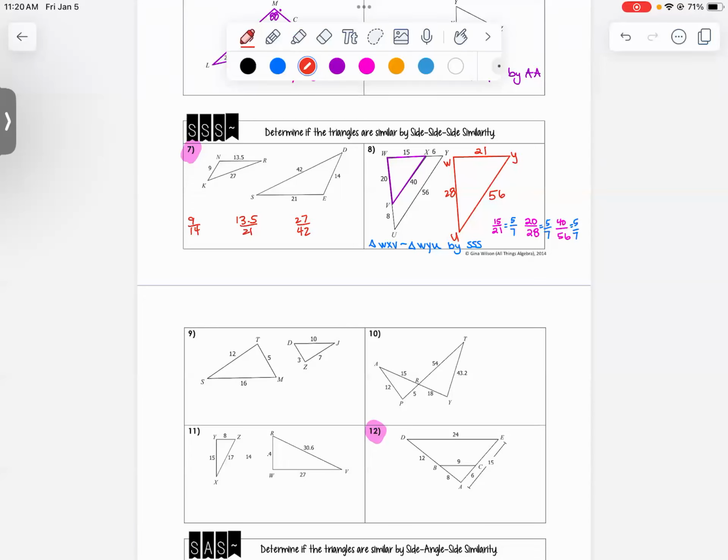Number 9. We're supposed to do 7 and 12. This is why we communicate. Only if it helps. So this is 8 over 20.